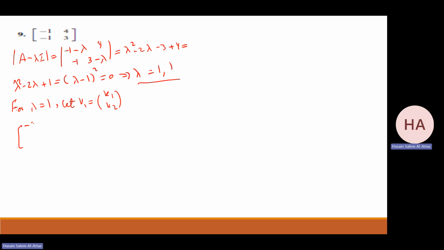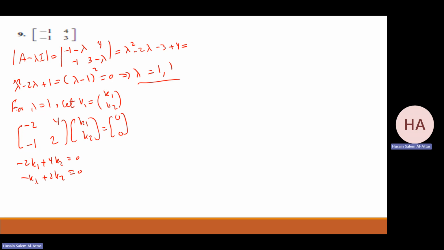What will be the system? Minus 2, 4, minus 1, 3 minus 1 is 2, times K1, K2 equals 0, 0. These two equations are the same: minus 2K1 plus 4K2.